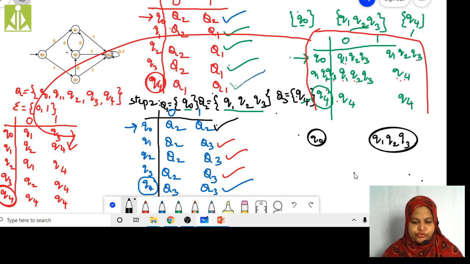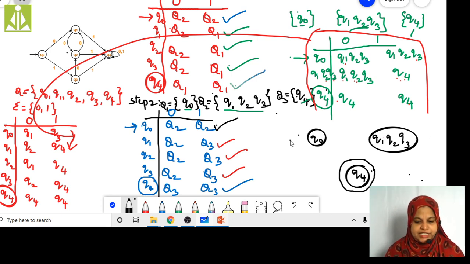Next is Q4. Here Q4 is the final state. So again we have to draw this. Double circle this Q4 state. Right. Initial state is Q0 only.